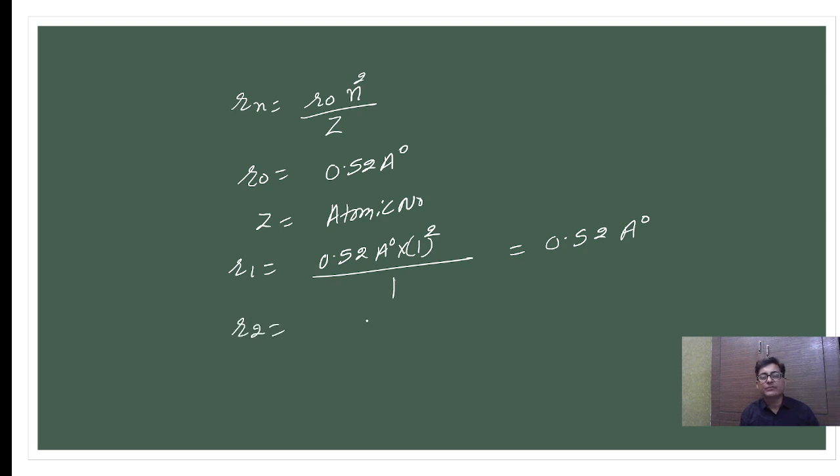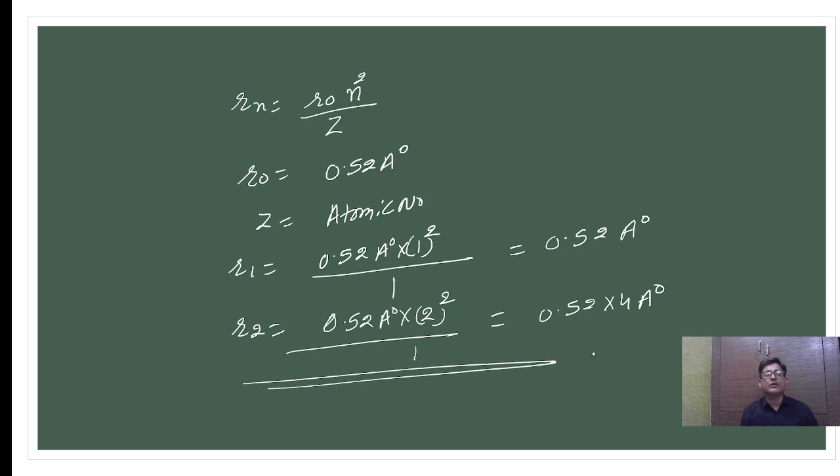Now the distance of the second shell from the nucleus is 0.52 angstrom into the square of 2 divided by 1, which is equal to 0.52 into 4 angstrom. So we can apply these calculations for different energy levels present in an atom as proposed by Bohr.